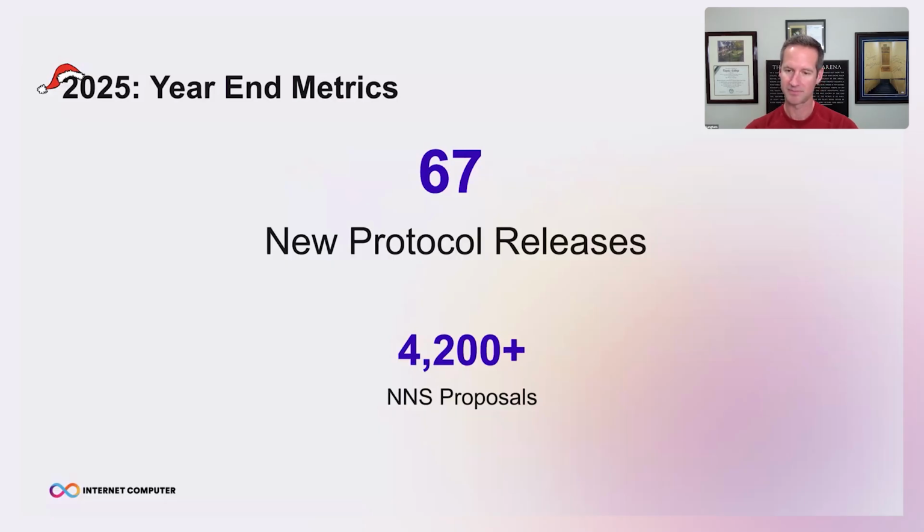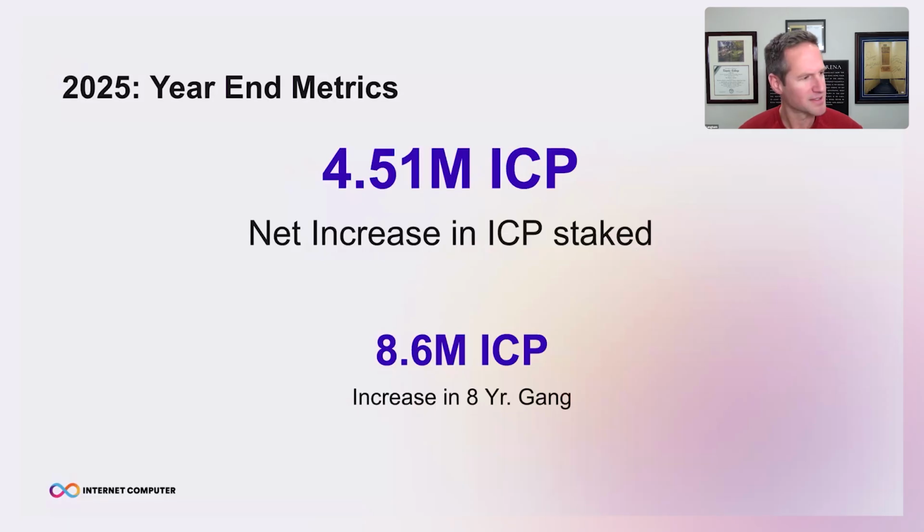And then next slide. I think this might be the final one I have, and I wanted to end on it because the staking on the NNS is something that maybe we have not highlighted as much in the past. But you saw the NNS increase by 4.5 million ICP. That's a net increase.